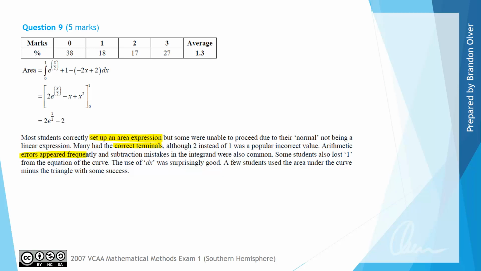Arithmetic errors appeared frequently, and subtraction mistakes were common for that integrand. Some students also lost the 1 from the equation of the curve, which was in this position here. The use of dx was surprisingly good, and students are reminded that that's part of the correct notation when doing these sorts of problems. And finally, a few students used the area under the curve minus a triangle with some success.